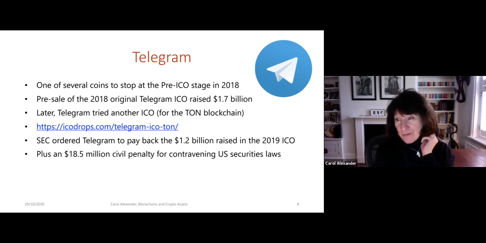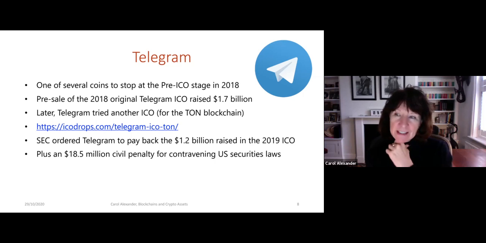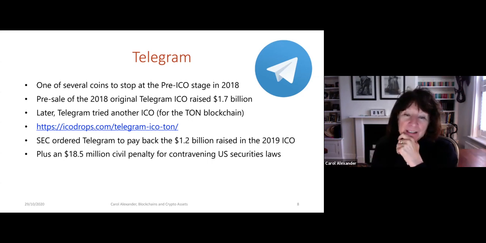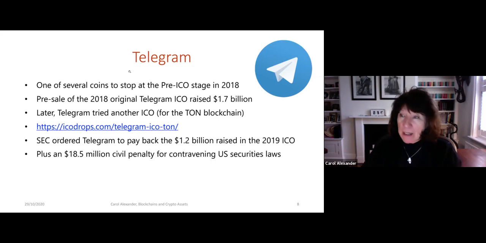They should have run it much more like an IPO. So at that point, the SEC were trying to put a cap on the number of ICOs that were actually rather like shares in a company, called a securities token offering. And they had to pay a big penalty as well of $1.8 million. So the original investors in the ICO got their money back by order of the SEC.